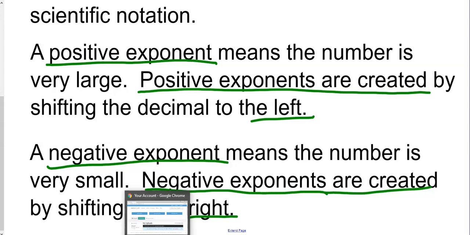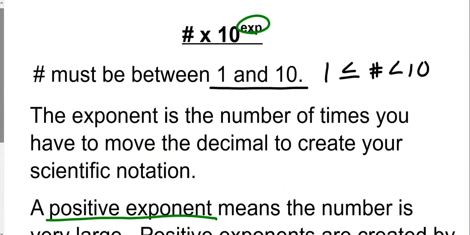So this is all very key for you. Remember that when we're dealing with positive exponents, we're moving the decimal to the left. When we're dealing with negative exponents, we're moving the decimal to the right. All to create this number that has to be between 1 and 10.